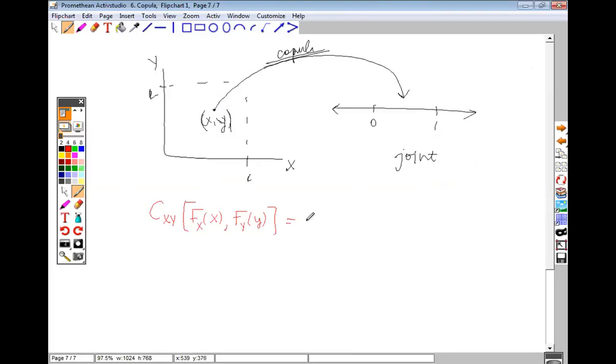It just measures this fxy joint, which is nothing but the probability that you observe an x less than or equal to x and a y less than or equal to y. You can also rewrite this f of x as u and this as v. Now forget about those v and u switching that I did before. What you can say is that this copula xy of u comma v is just this fxy.